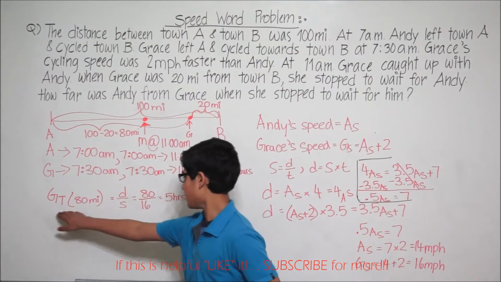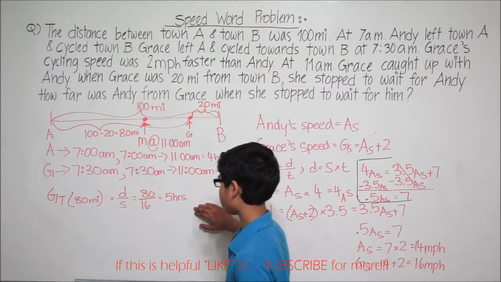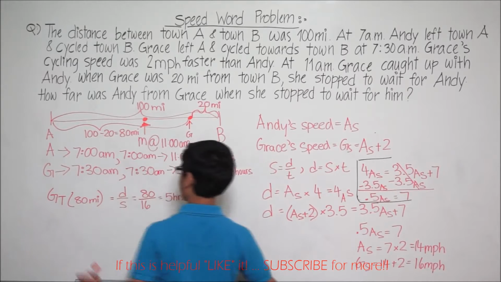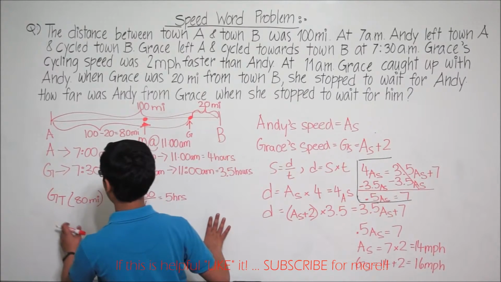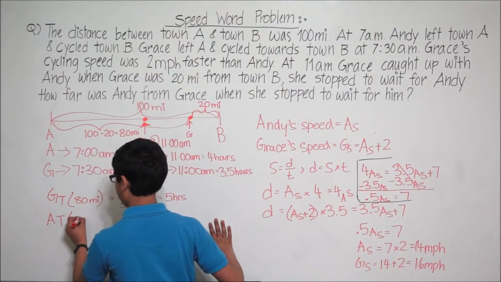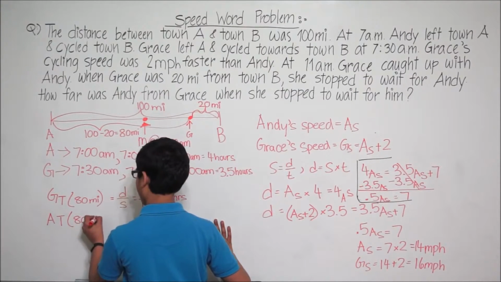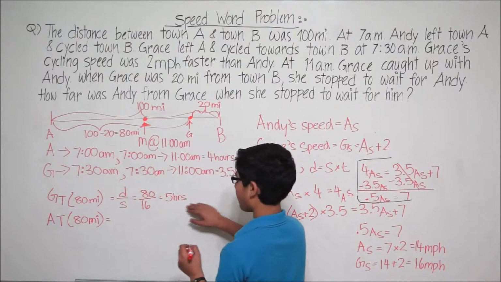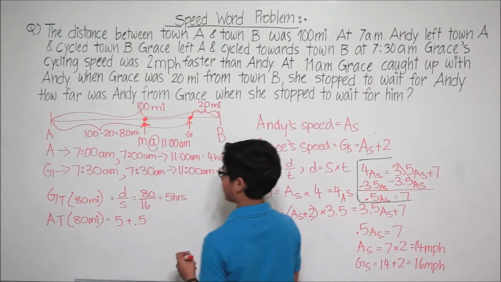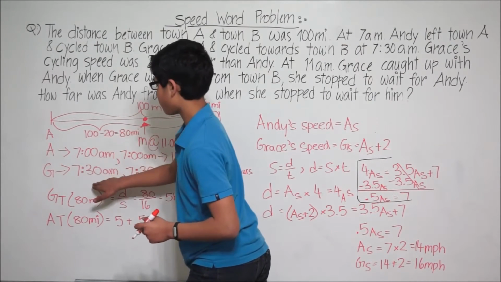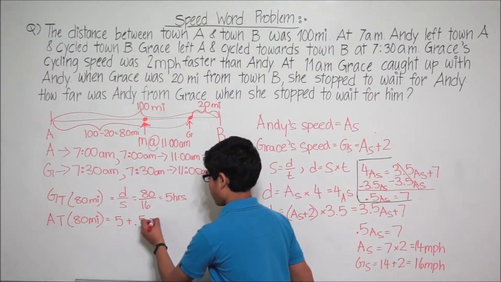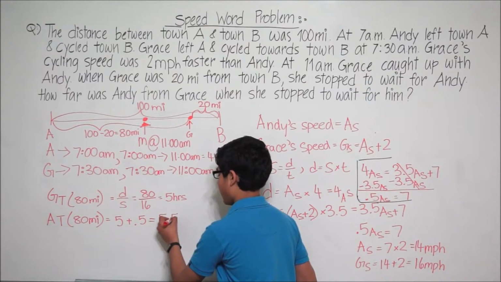So Grace's time is equal to 5 hours. Now let's find out Andy's time to travel 80 miles. Andy's time to travel 80 miles is equal to 5 hours plus 0.5 hours because he started 30 minutes earlier, 30 minutes before 7:30 a.m., which is 7 a.m., plus 0.5 hours, which is equal to 5.5 hours.